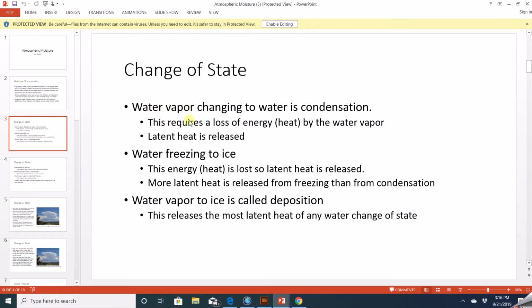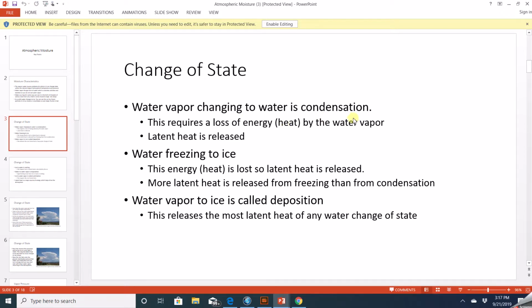In order to change states, if you're going from water vapor to a liquid, that requires a loss of energy by that water vapor. That water vapor has to be cooled in order to go that way because your molecules, think about it, your atoms, they move very quickly in a vapor. When they go to a liquid, they move slower, and when they go to a solid, they move even slower.